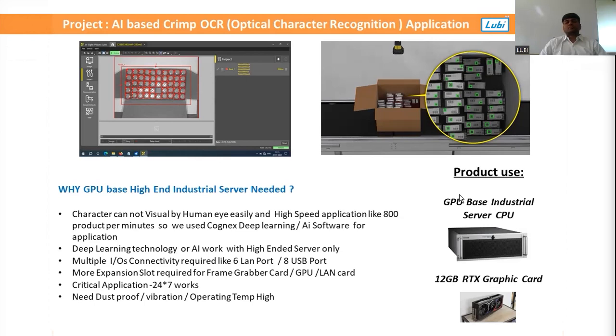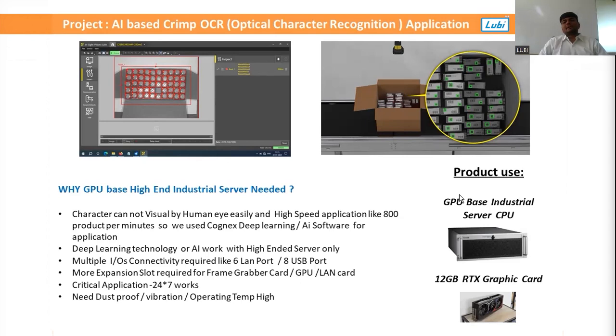For example, toothpaste. On toothpaste, some barcode characters and markings are available, but physically it is not easily inspected by a human eye. So high-end cameras and deep learning cameras are required, and for that type of application, high-end graphic cards and high-end servers are required.